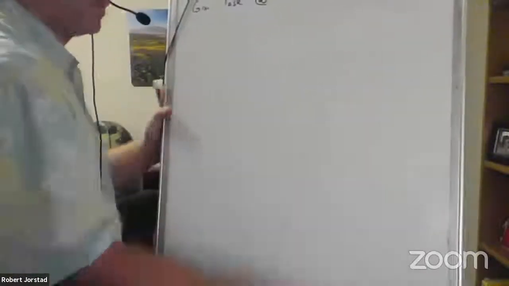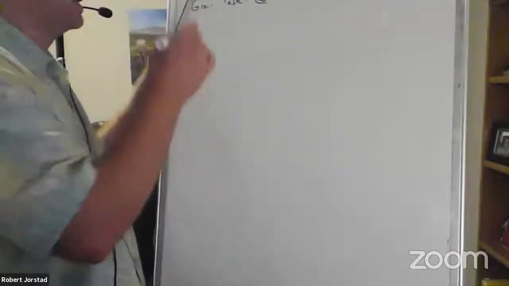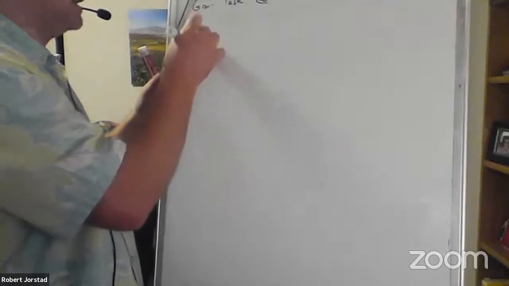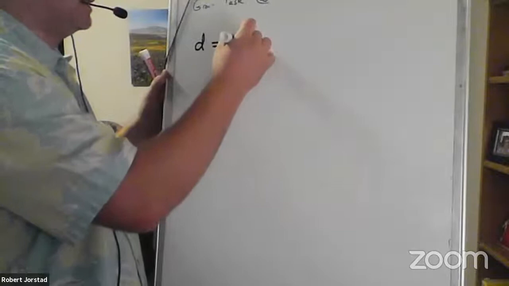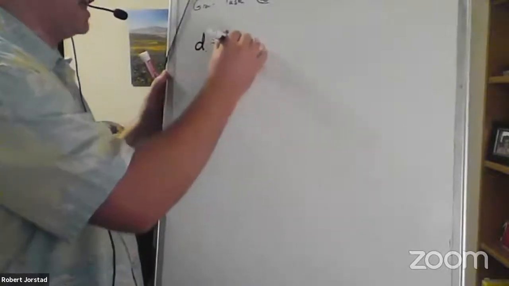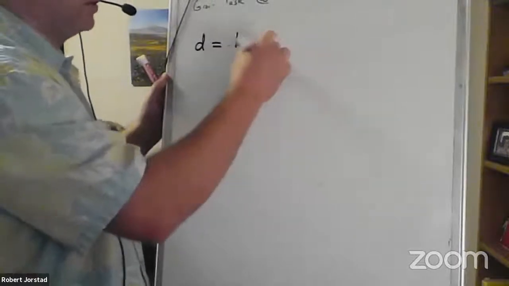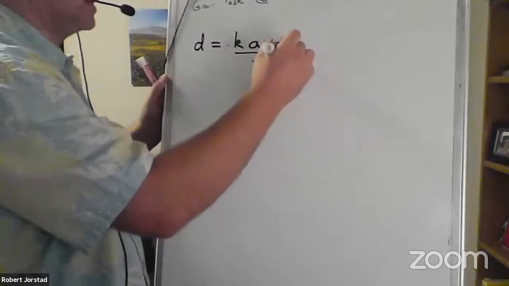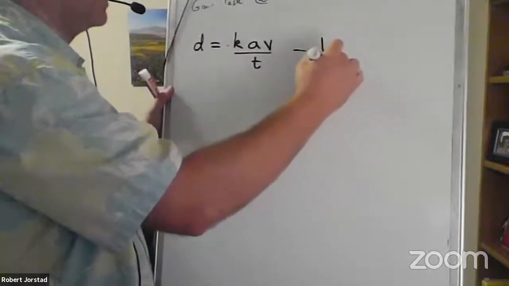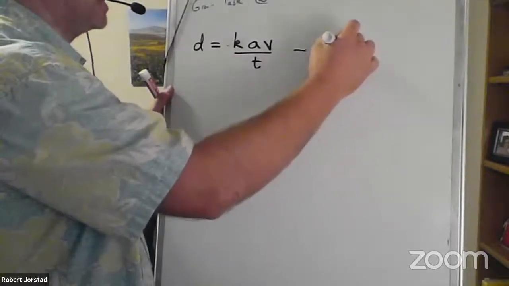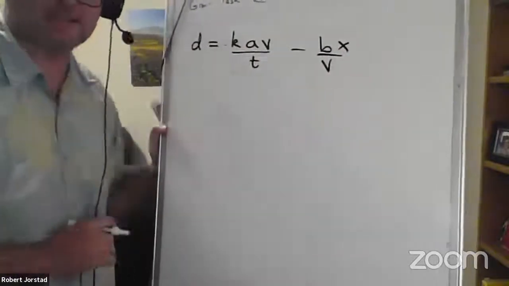I'm just going to make up a problem right now. Let's say D equals, wait, how about let's do K A V over T minus B over V X. All right, let's say we had some weird equation like this.